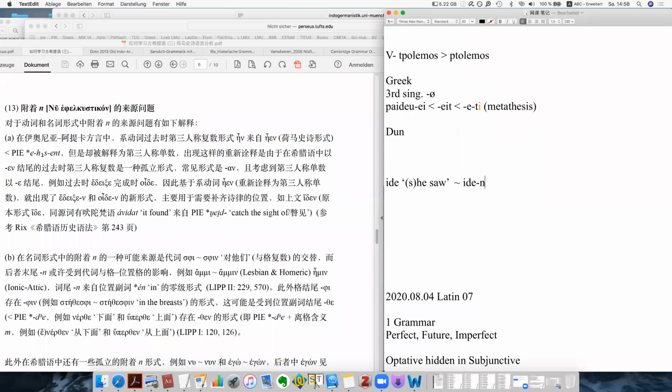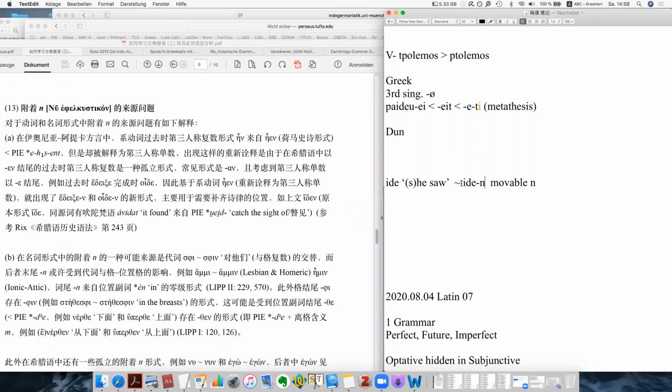And this n, there's a special name, we call it movable n. Why is it called movable n? Because sometimes you see it, sometimes you do not.